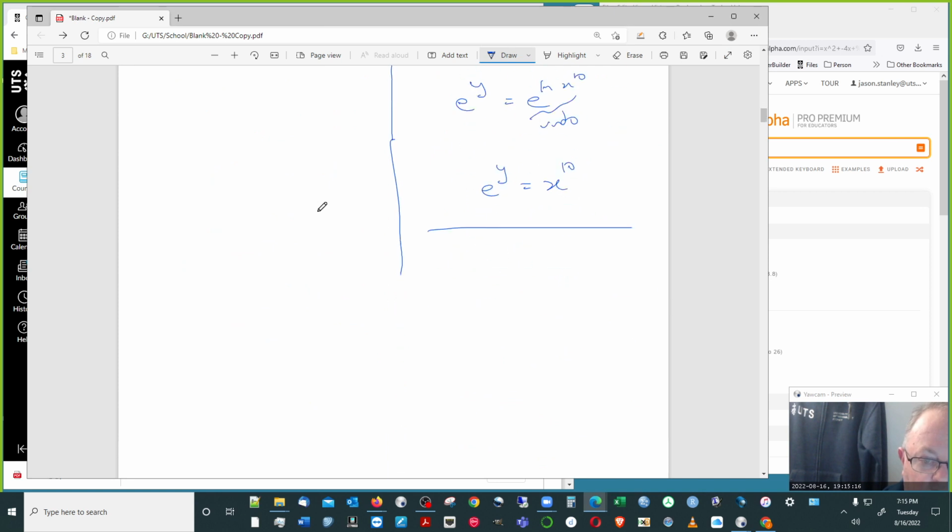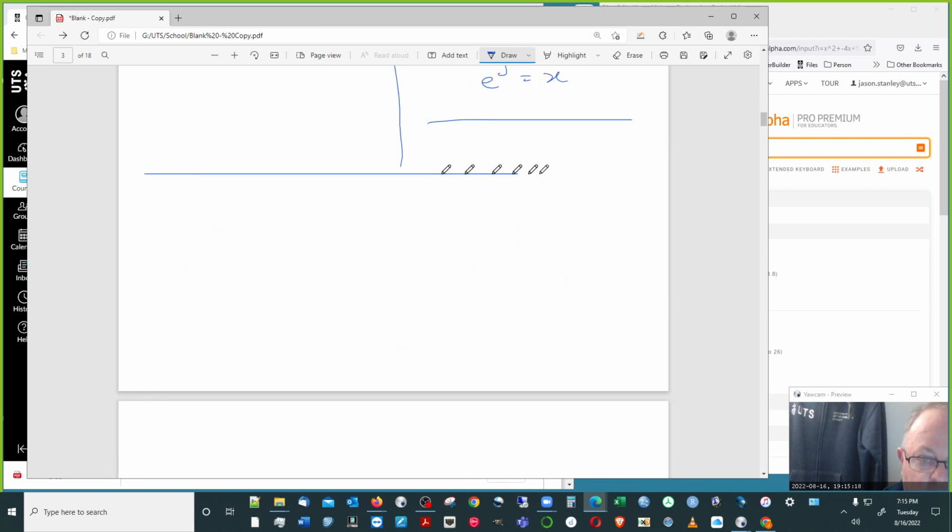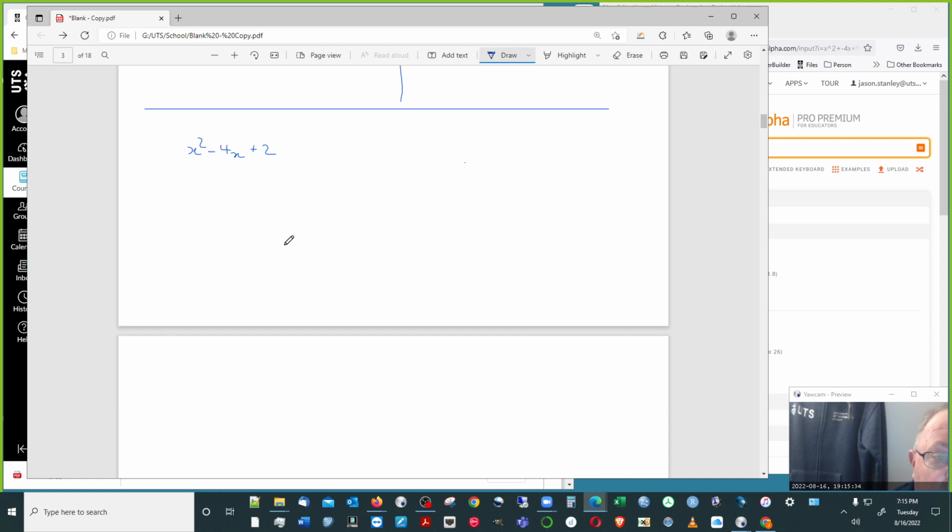So here's a solution for a quadratic completing the square. I did the other ones, x squared minus 4x plus 2. I think that's what it was. Yep. Okay, so if we're solving this, we're setting it to 0.